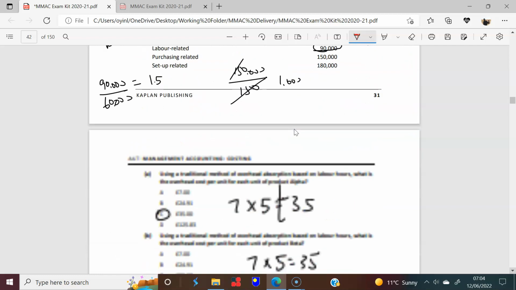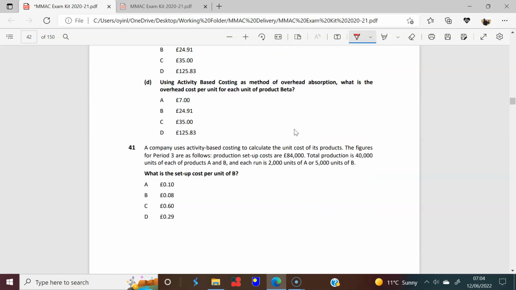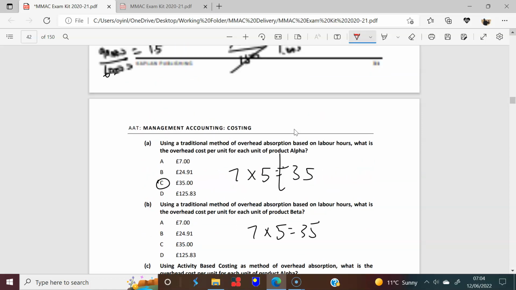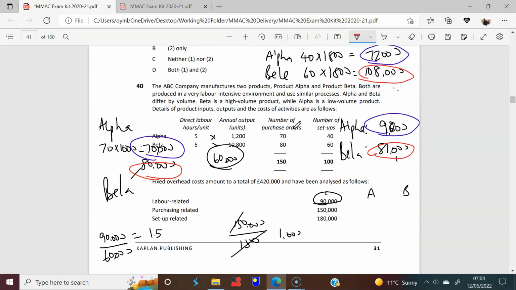The question says, what is the overhead absorption for each unit of a product of beta? So with beta, I will simply bring together all of beta's. That's 108,000 plus 81,000 plus 80,000, and divide that.